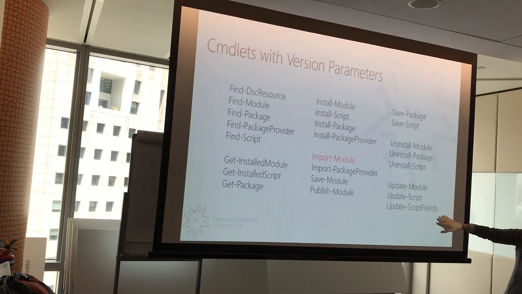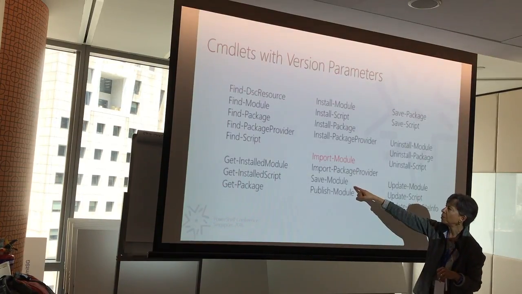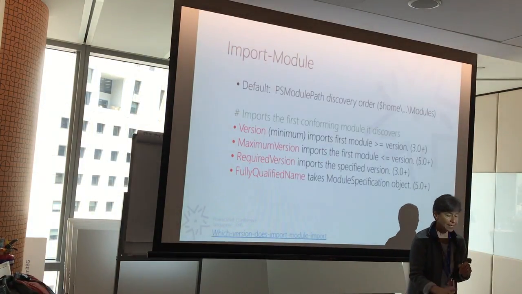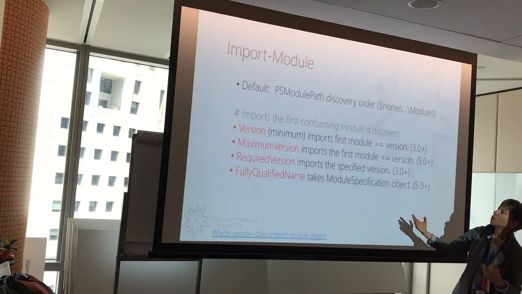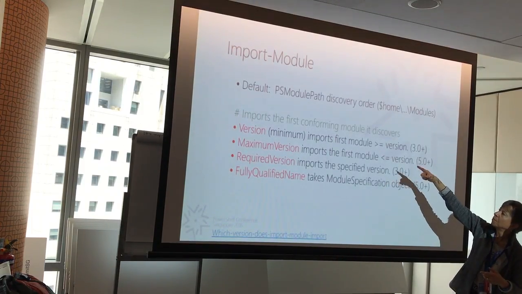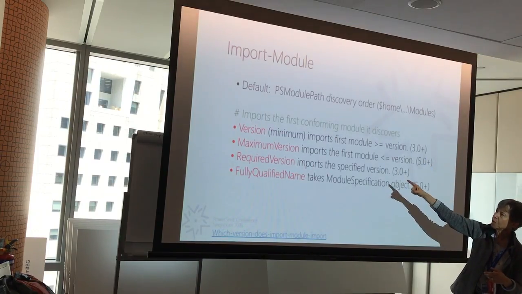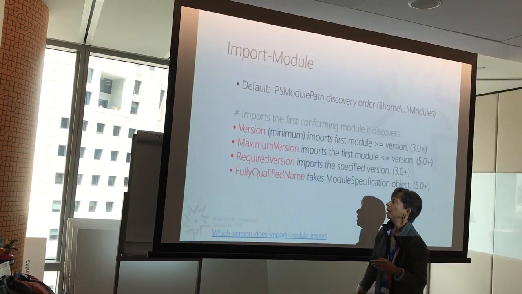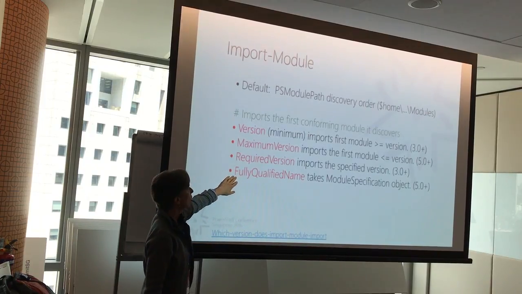There are actually quite a few of them, and you'll find them very useful, including Save-Module, which is the alternative to Install-Module. And Import-Module is like Mr. Flexible. By default it imports the first conforming version, but it has a minimum version parameter, a maximum version parameter, a required version parameter, and one of these fully qualified name parameters that takes a module specification object.